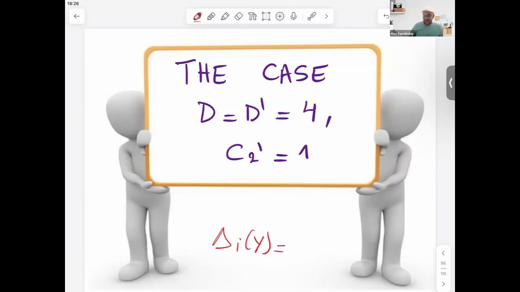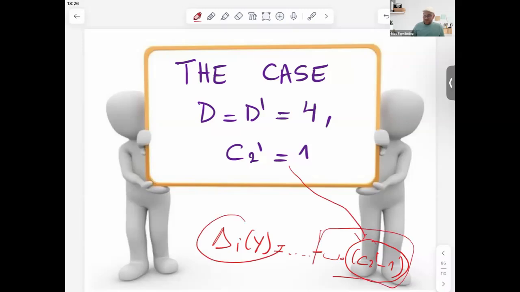So delta i, if you remember, is something minus something times c2 prime minus 1. Because of this, we would like to consider different values of c2 prime. In the case when c2 prime is equal to 1, of course, this will be 0, and so the expression that we have for delta i is very nice and simple.